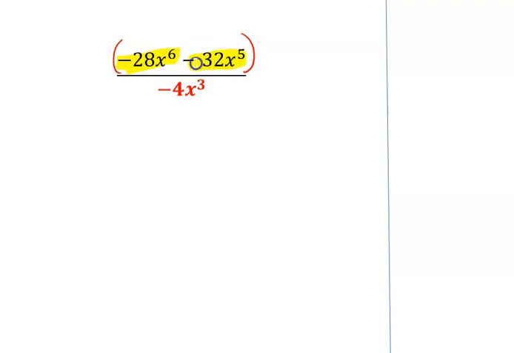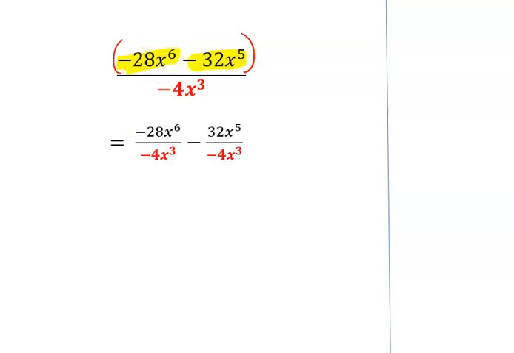Okay, so because these two items cannot be combined, because they are not like terms, one of these is x to the 6th, the other is x to the 5th, we are going to have to divide each of the items on the top by the bottom. So we're going to do two divisions.